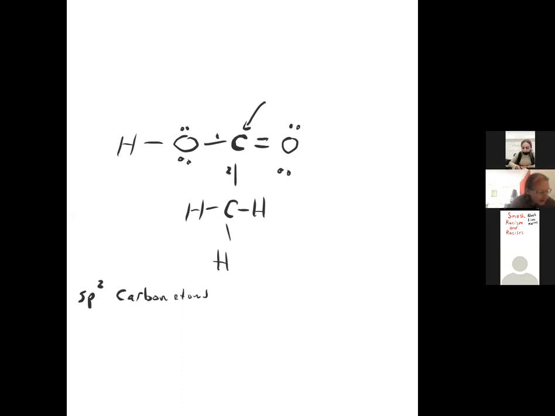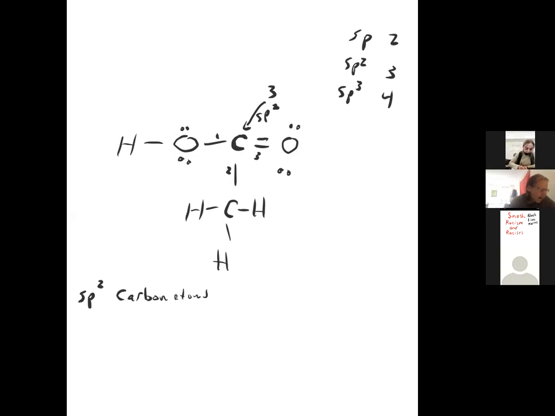Here's a double bond, so that's an electron domain. So 3. So then you come back: 2 electron domains, sp; 3 electron domains, sp2; 4 electron domains, sp3. So this one has 3, so it's sp2. Okay. A carbon that has 1 double bond and 2 singles is always sp2.